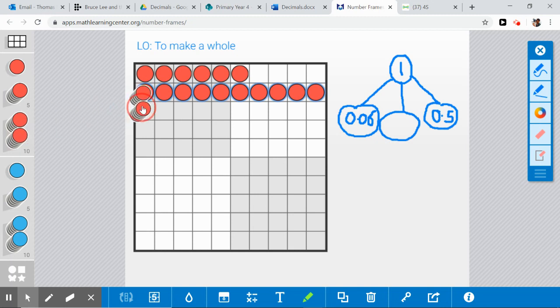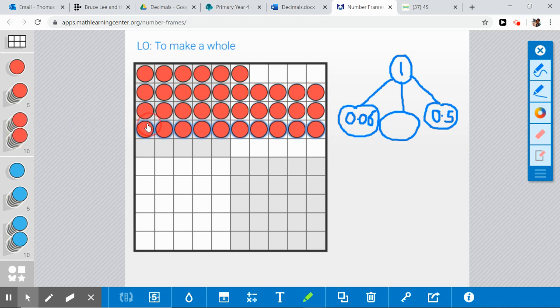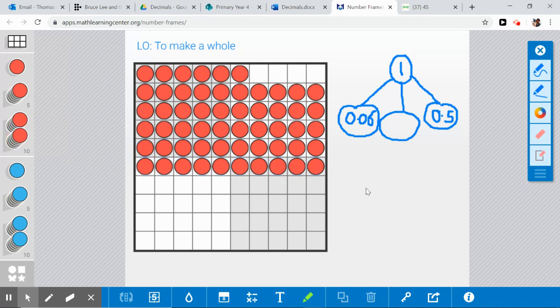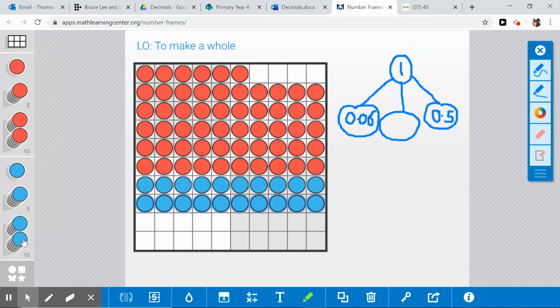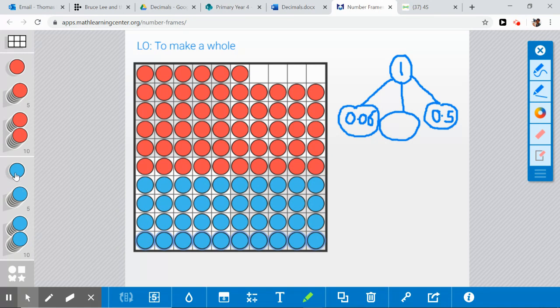1, 2, 3, 4, 5. So to find my answer, I need to find out how many is uncovered. Let's see. 1, 2, 3, 4, and then 1, 2, 3, and 4.